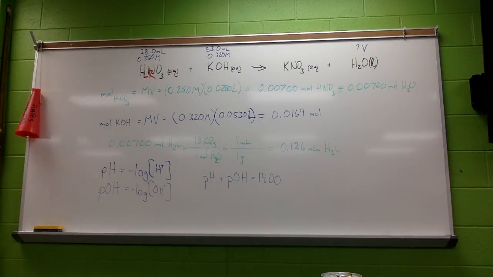Part A, Part B, Part C, Part D. What I'm asking is to find the pH of the resulting solution. The first part of the question was, is it going to be acidic or basic? Because the base is the excess reactant, there's a little bit of hydroxide ion left over, so it's going to be basic. I'm asking them to find out exactly what the pH actually is.